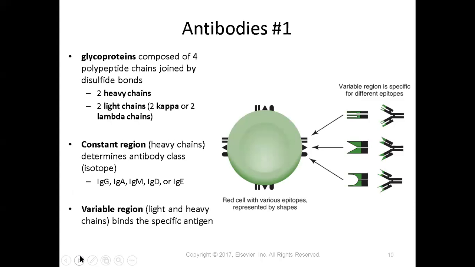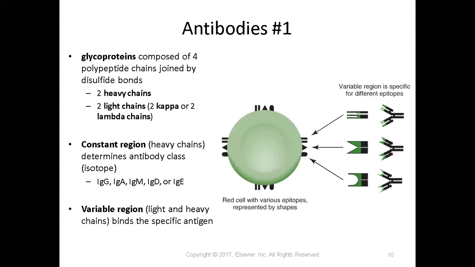So let's look a little bit more carefully at antibodies, and some of you may have learned about this in previous biology courses. Antibodies are basically glycoproteins, and they're composed of 4 polypeptide chains that are joined by disulfide bonds. We're going to look at a picture of an antibody in our next slide.